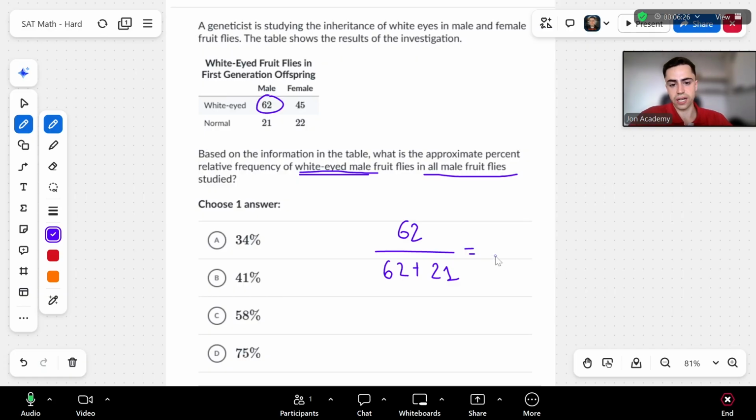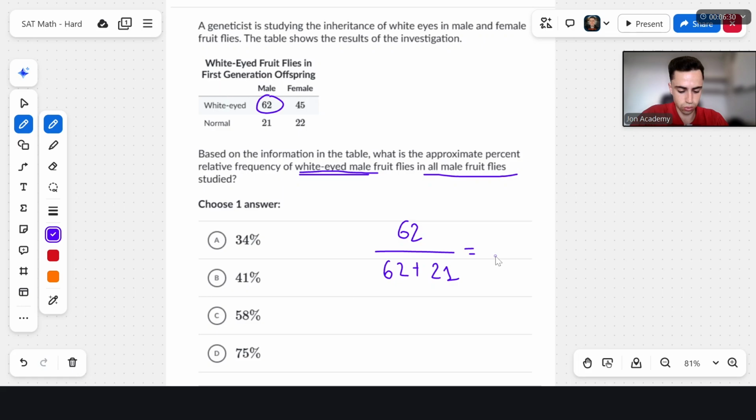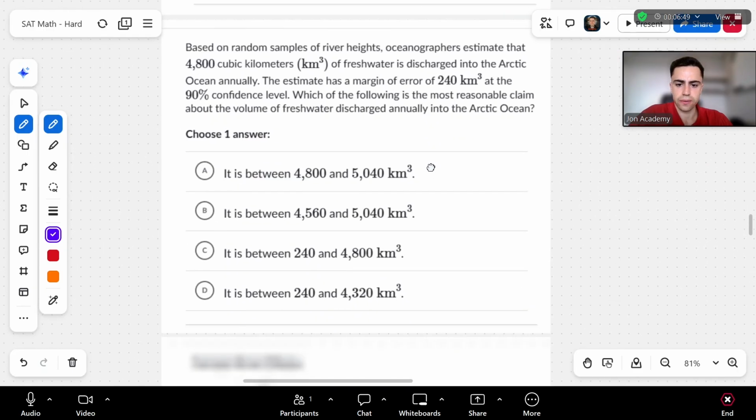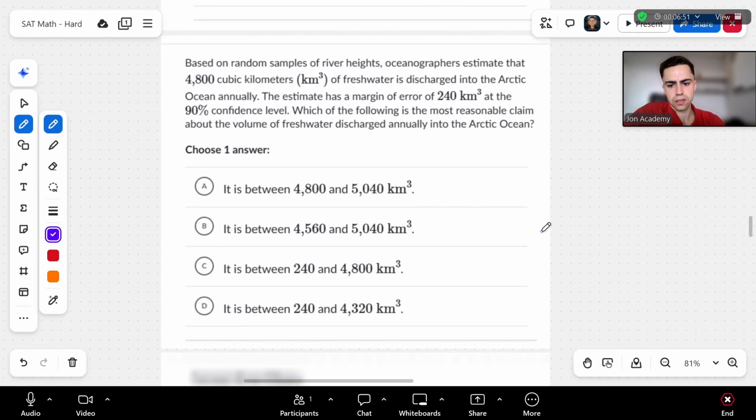And we can do this on the calculator directly. 62 over 62 plus 21 gets us 0.746, which we can round and convert into a percentage as 75%. So it's going to be D, the correct answer.